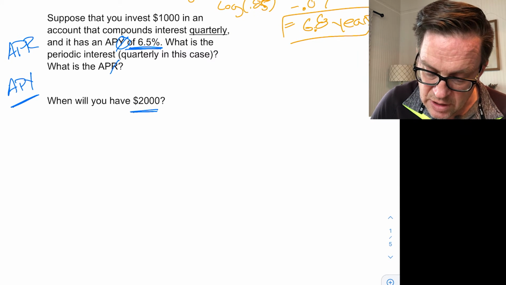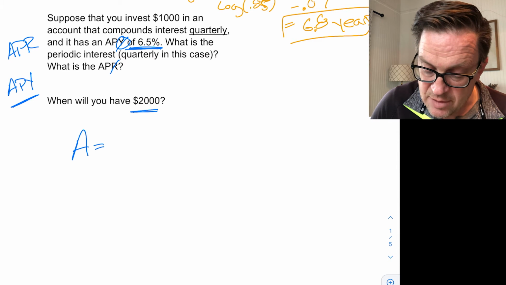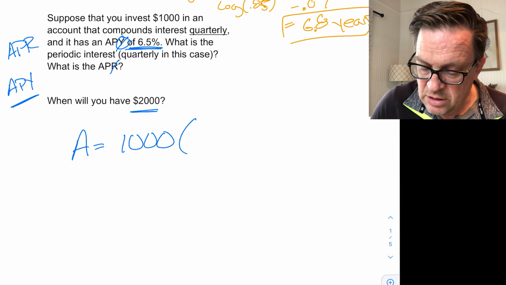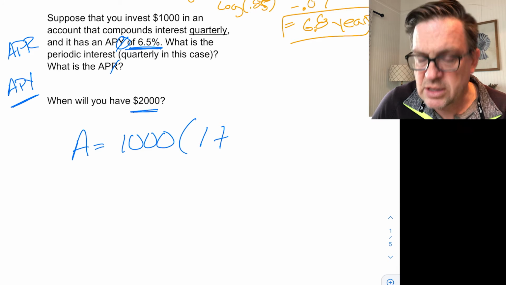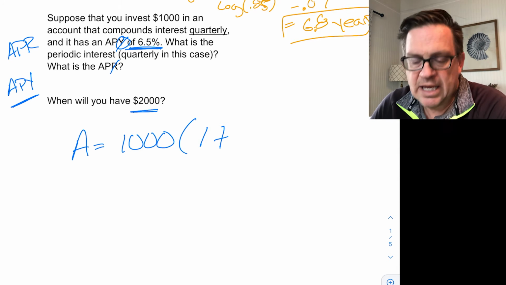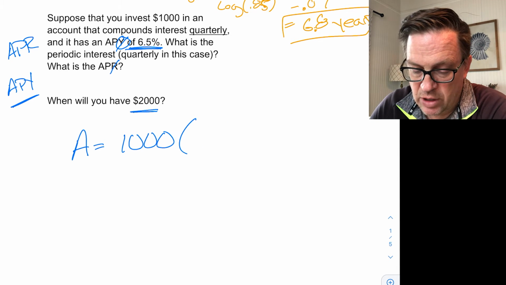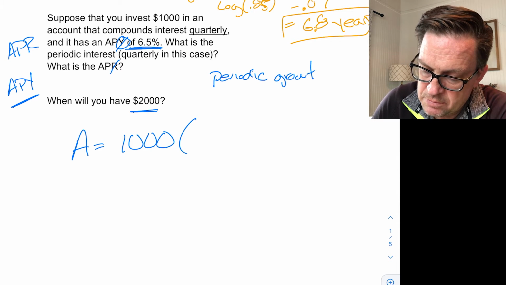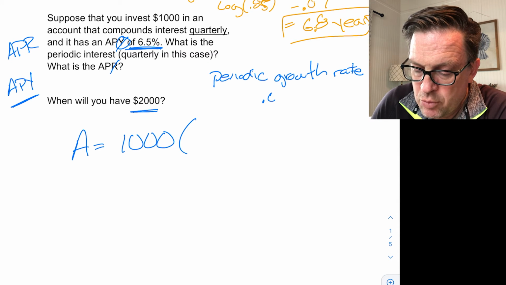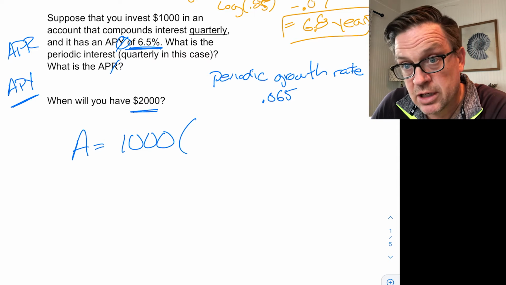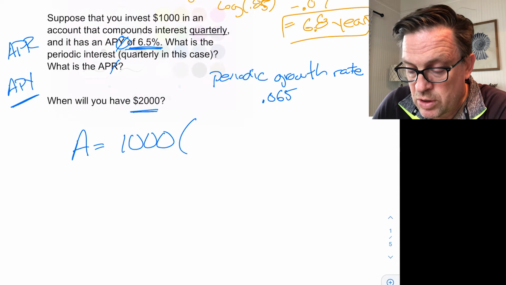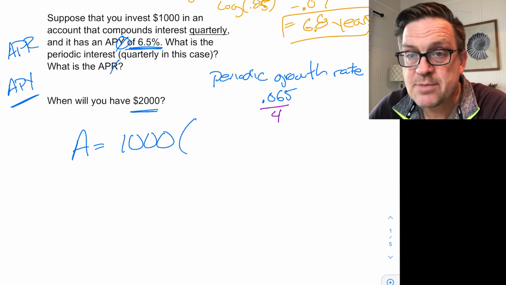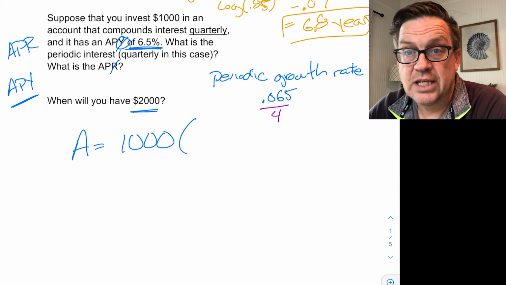The formula is the amount is 1,000 times 1 plus, what's our periodic growth rate? Let's figure that out. Well, I get 0.065 every year, but since I'm doing it quarterly, that's my quarterly interest rate.